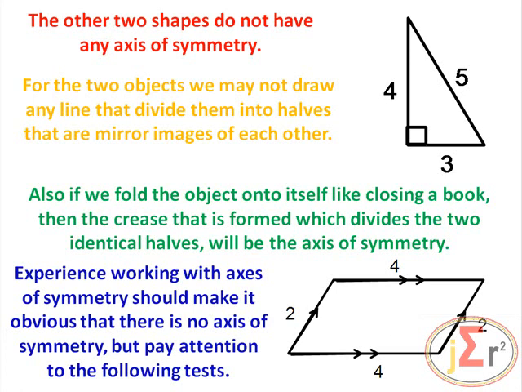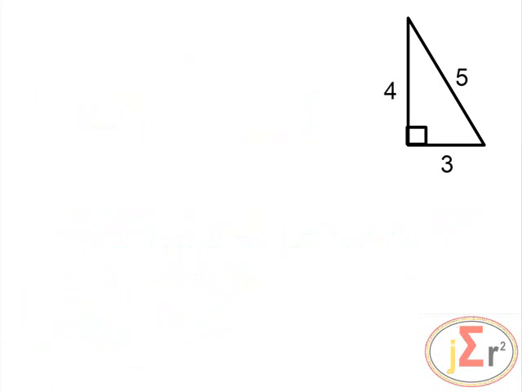But if it cannot be folded onto itself, then it does not have any axis of symmetry. We will take a look at other slides that will demonstrate that they do not have any axis of symmetry.